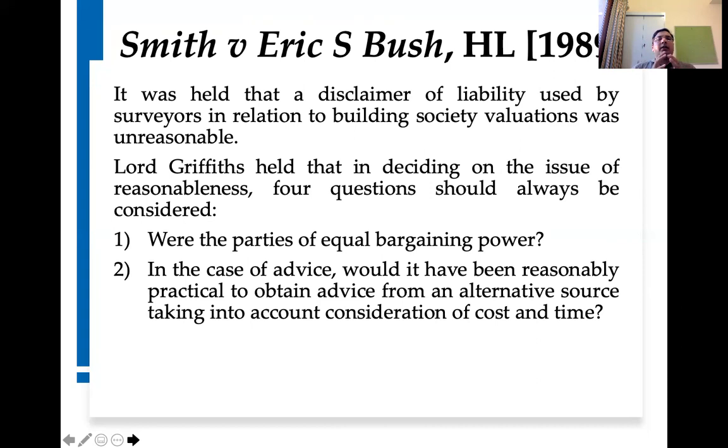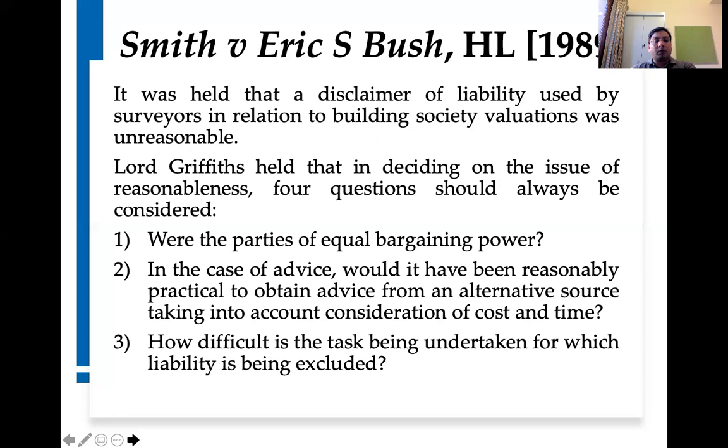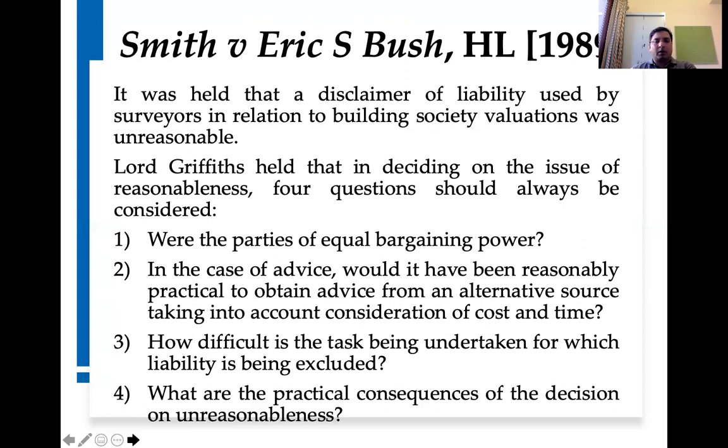Second, in the case of advice, would it have been reasonably practical to obtain advice from an alternative source, taking into account consideration of cost and time? Third, how difficult is the task being undertaken for which liability is being excluded? Fourth, what are the practical consequences of the decision of unreasonableness?